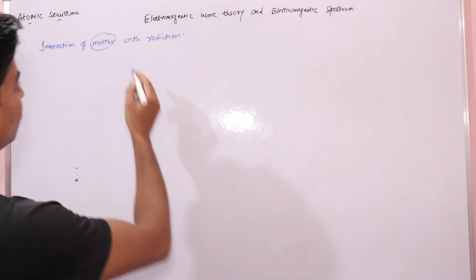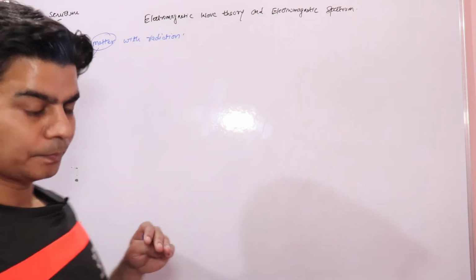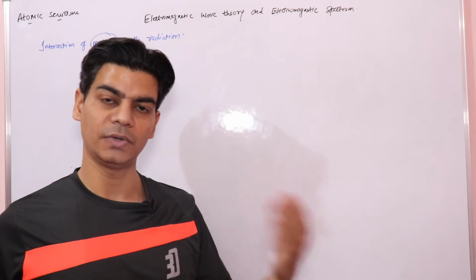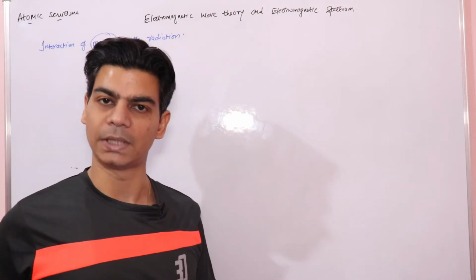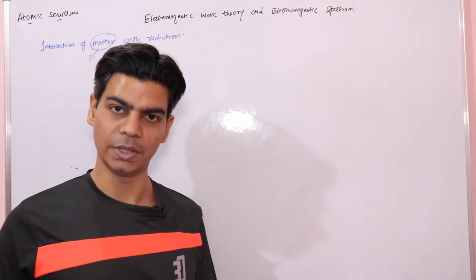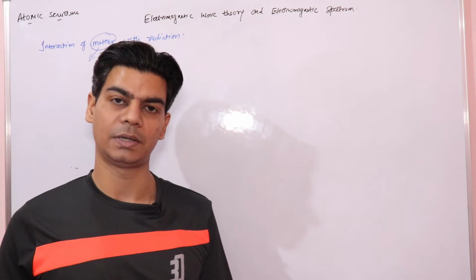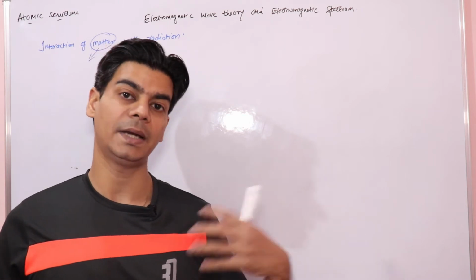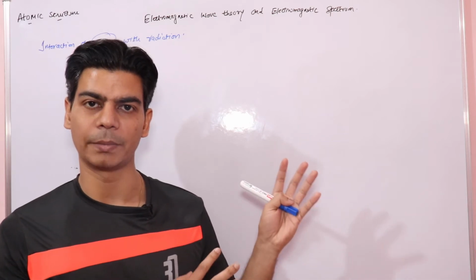So we will look at the interaction of radiation with matter at the atomic level. Suppose you heat any element, say sodium, which is matter, what would be the effect at the atomic level? This is what we're going to look at in this topic.